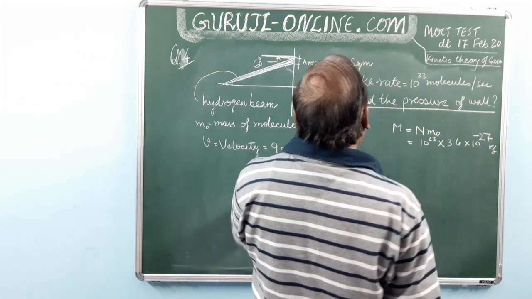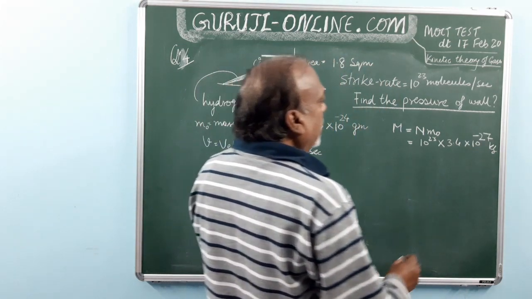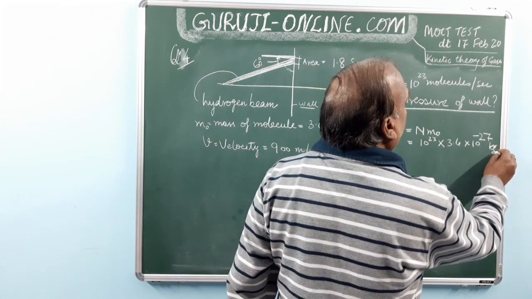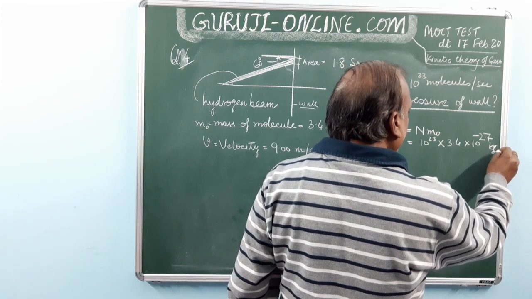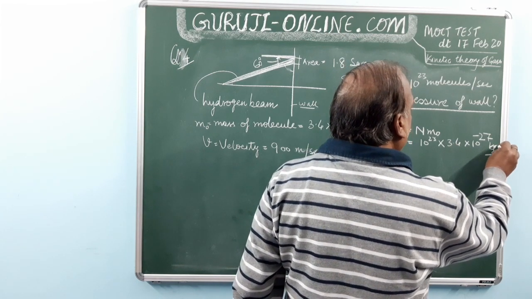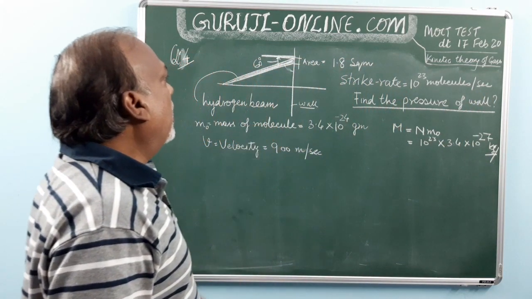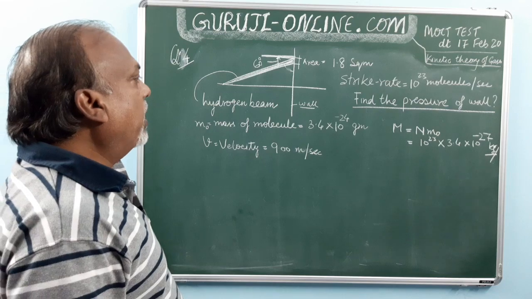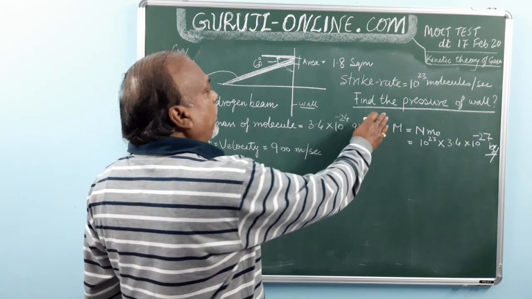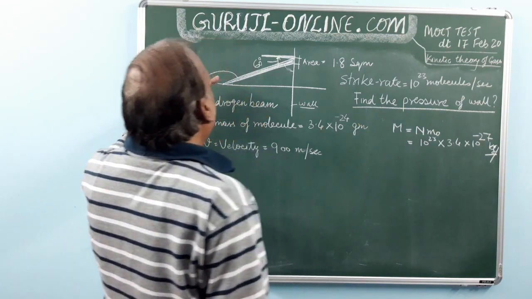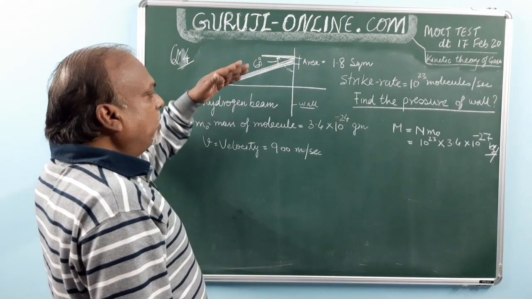It is minus 24 in gram; you convert it into kg. This is the mass per second. It is striking the wall due to this beam, and we have to find the pressure on the wall, that is, due to this beam, how much pressure is there.